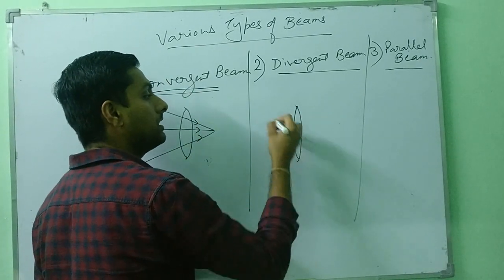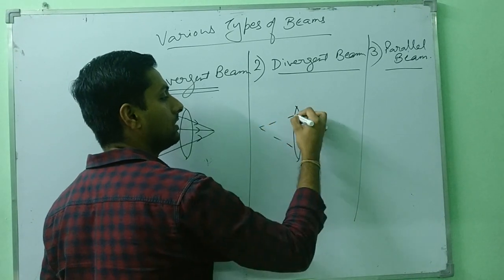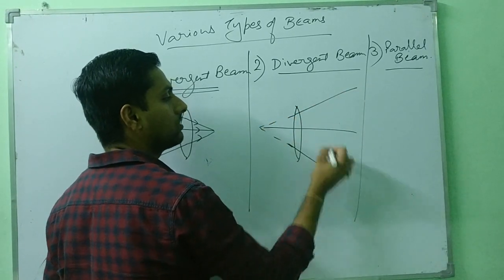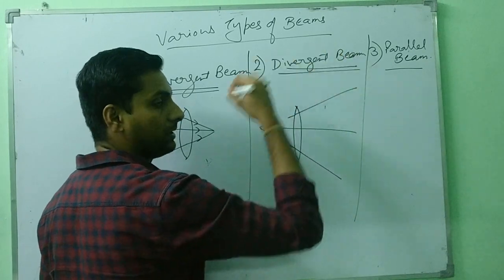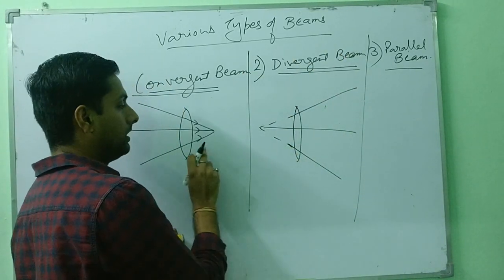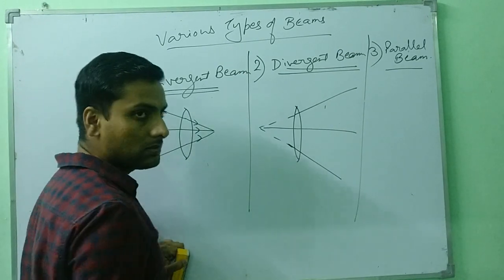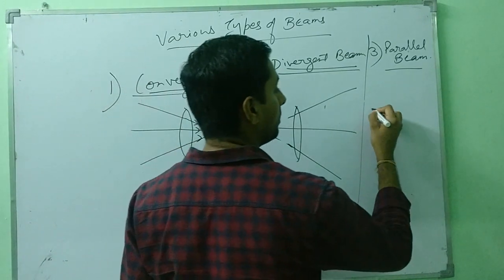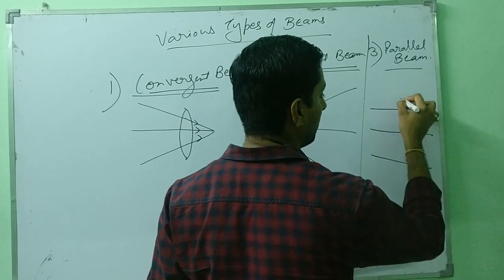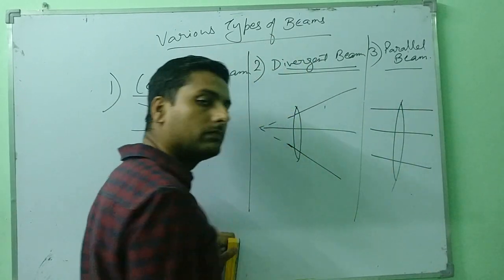And when there is an increase in area, it is called a divergent beam. So decrease in area becomes convergent, increase in area becomes divergent, and no effect on area becomes parallel.